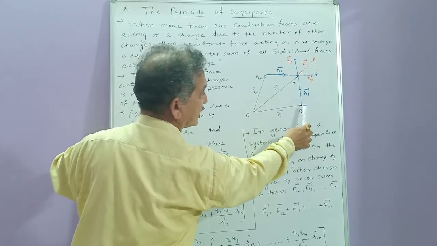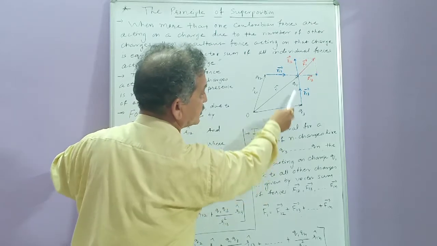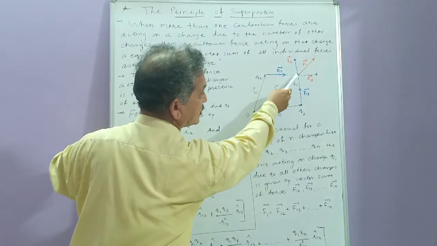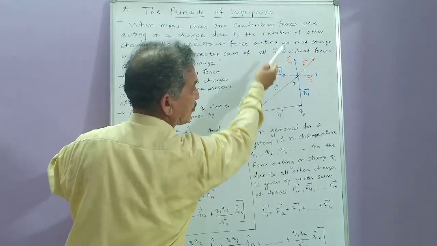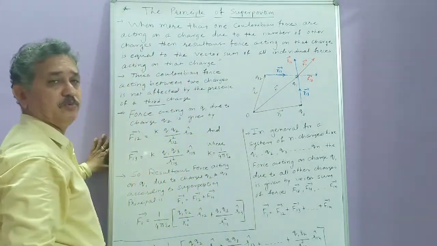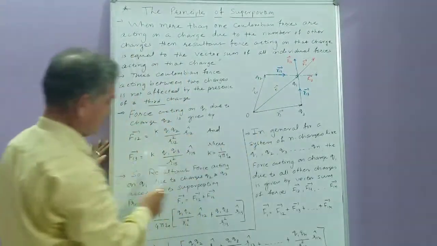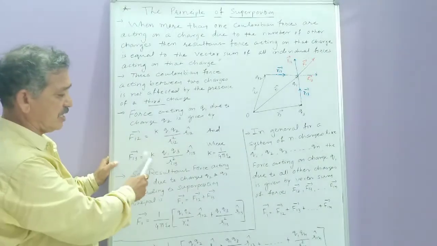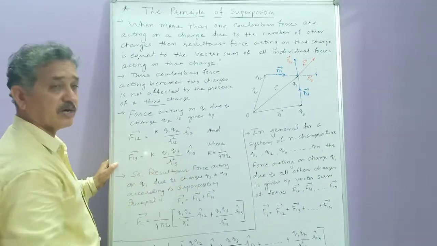And R13 is directed from Q3 to Q1. Again, the force acting on Q1 by Q3, it is repulsive force. So this force is going in this direction of vector R13. So again it is positive. So this force acting on charge Q1 by Q3, vector F13, is also given by K Q1 Q3 upon R13 square into unit vector R13.